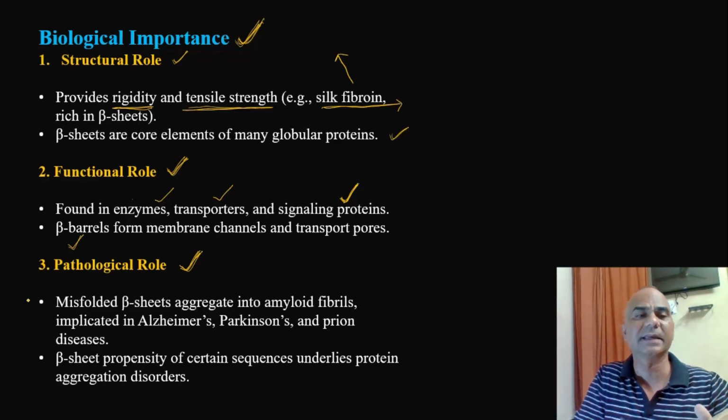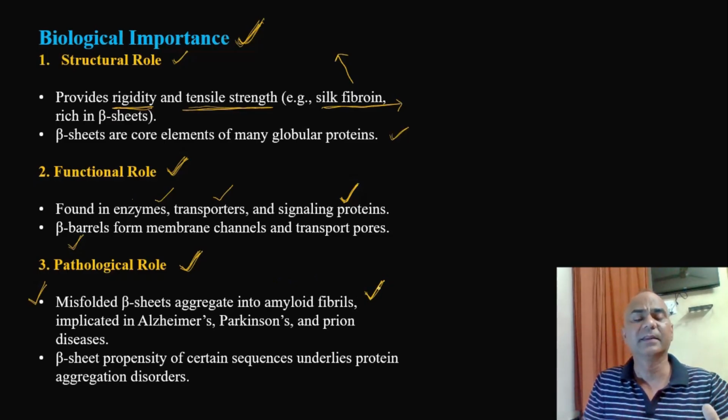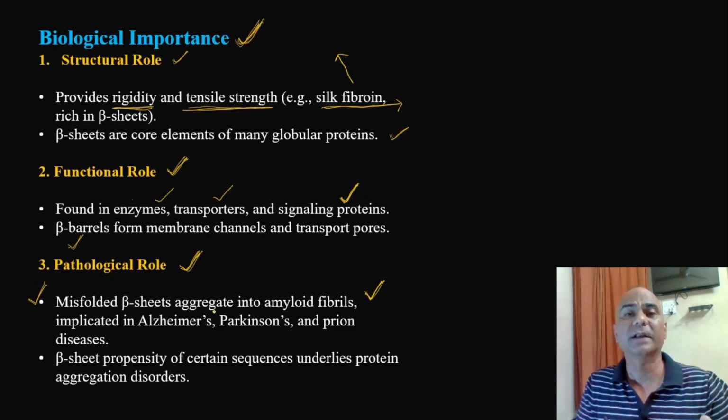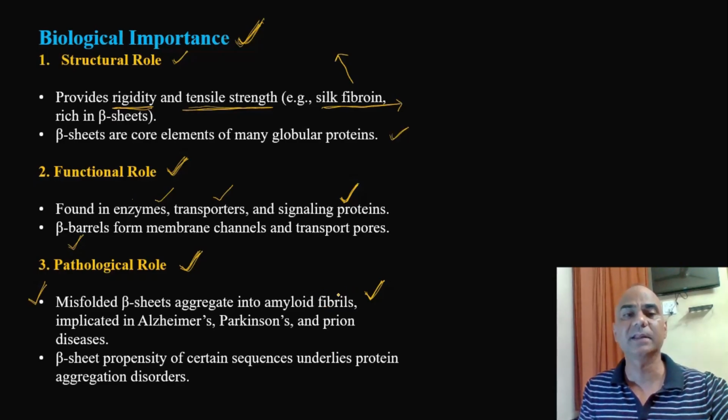This is an important example: the misfolded beta sheet aggregates into amyloid fibers. In these diseases, if it is asked what is the biochemical reason behind Alzheimer disease and Parkinson disease, then we can say that the misfolded beta sheet aggregates into amyloid fibers, which create Alzheimer disease or Parkinson disease.